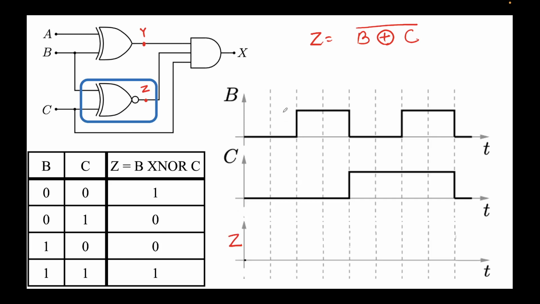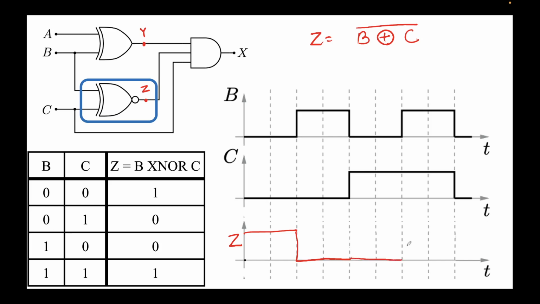Now we'll plot z. B and c both are 0, the output should be high. B is 1, c is 0, the output should be 0, like this. It will continue to be 0 over here. Now b becomes 0, c becomes 1, so the output should be 0.